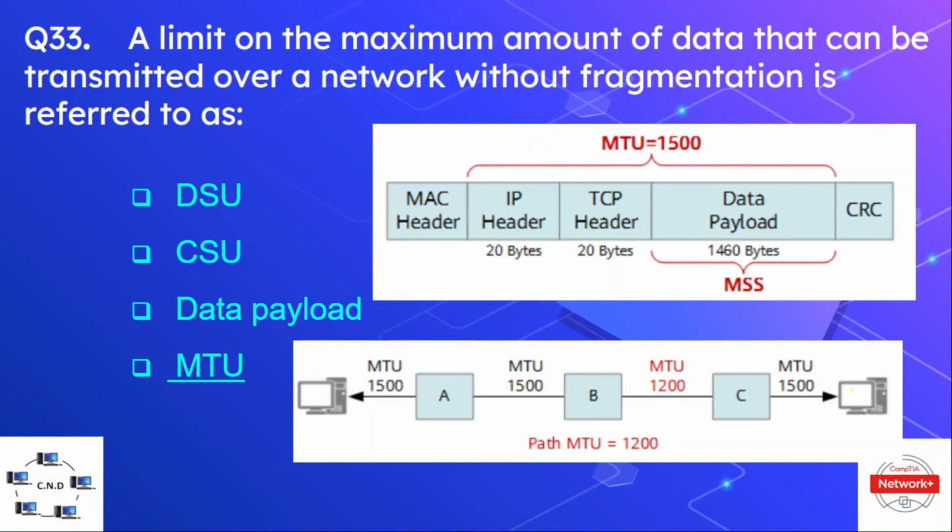This means the station can send a maximum MTU of 1200, because this is known as the path MTU, and the path MTU is equal to the smallest MTU size that is operational along the whole path. This is another concept that you should remember.